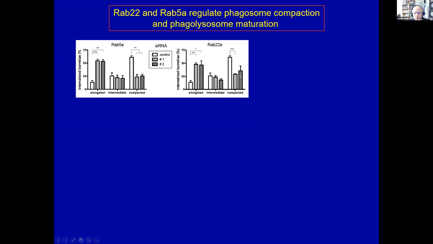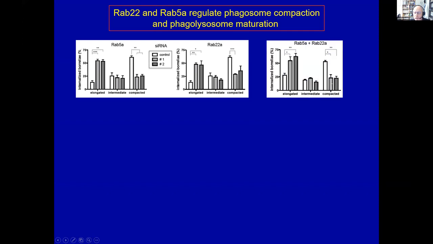The white is the control. These are 2 individual siRNAs in shades of gray. They're actually just 2 shades of gray, not 50. So in RAB22A, you also get a very nice decrease. And the interesting thing is if you delete both proteins at the same time, you don't get an additive effect.